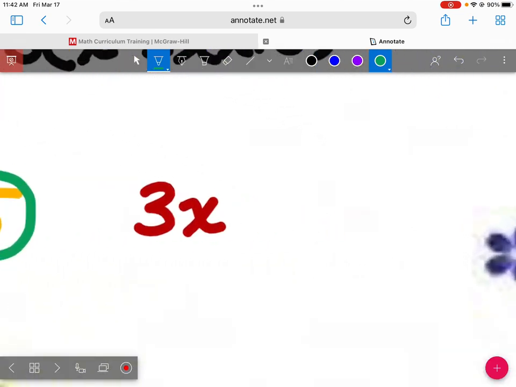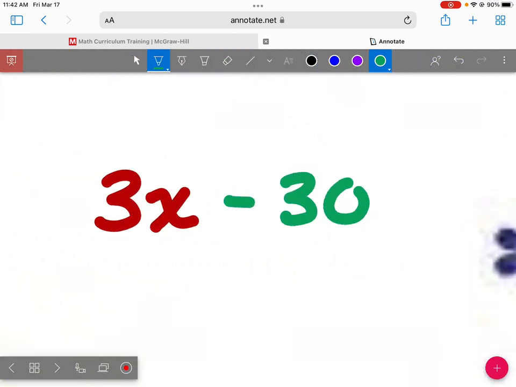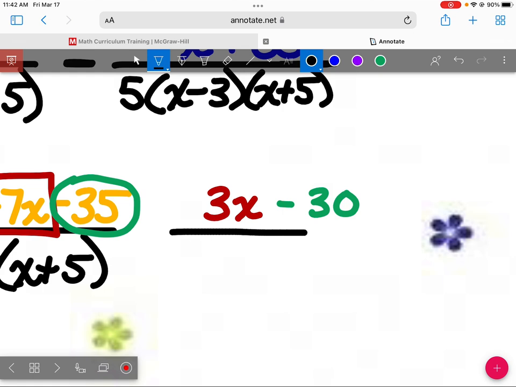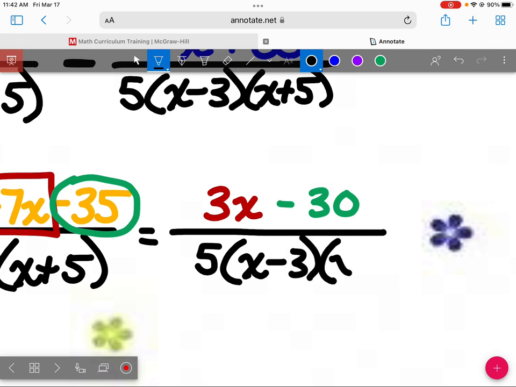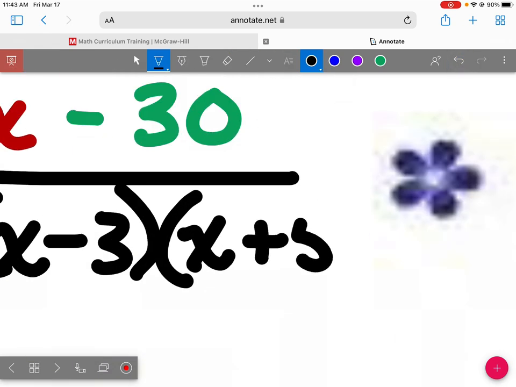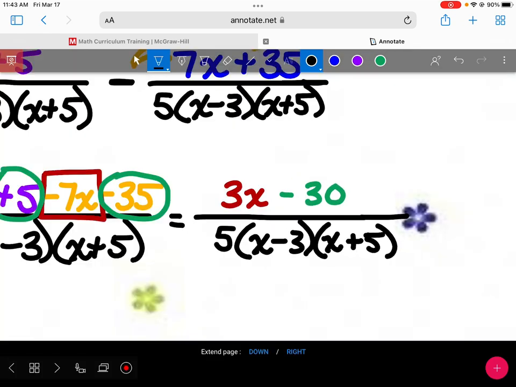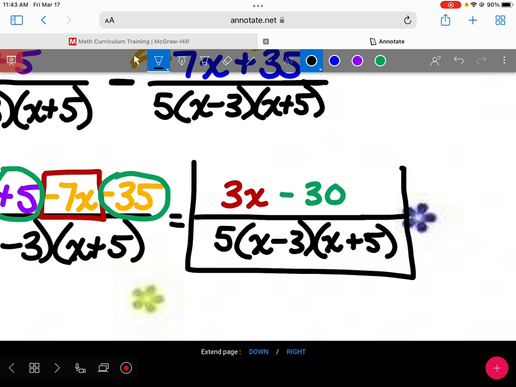When I combine those, I get negative 30 all over my common denominator of 5 times x minus 3 times x plus 5. Can I simplify that any more? Nope. That is fully simplified. That's my final answer.